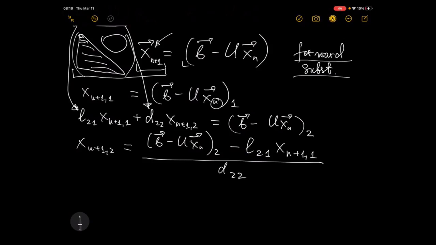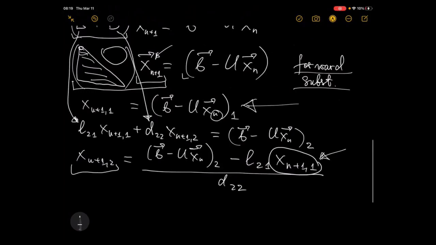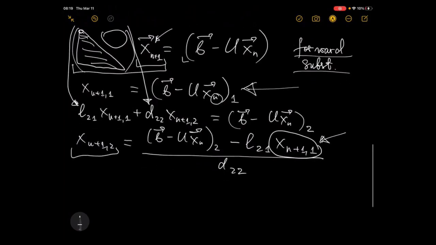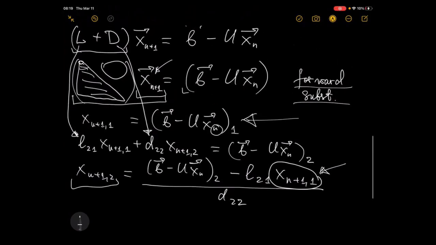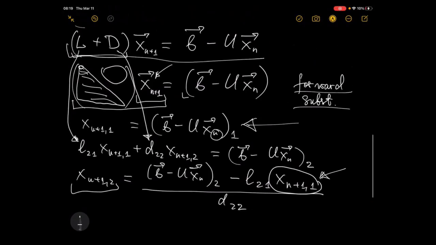Like here we use the previously computed updated component x n plus 1, first component, to compute the second component of x n plus 1. So we are using the first component, which we just computed in this line, right?